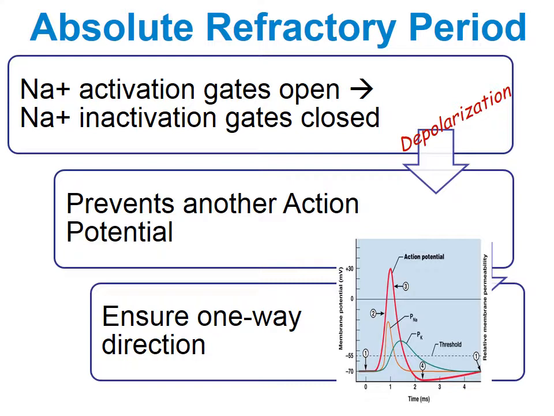The benefit here is that this prevents action potentials from moving backwards. When one node is reaching threshold, the previous node is in the absolute refractory period. This forces action potentials to constantly move forward.